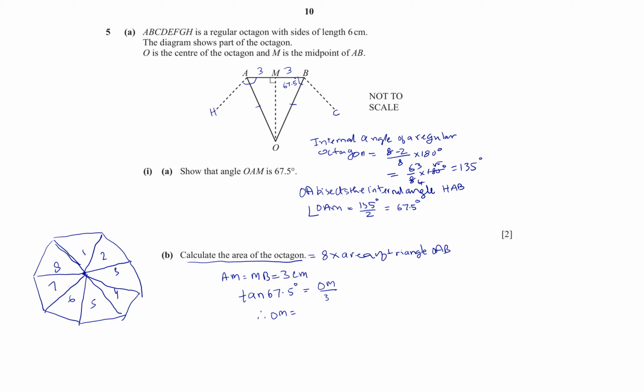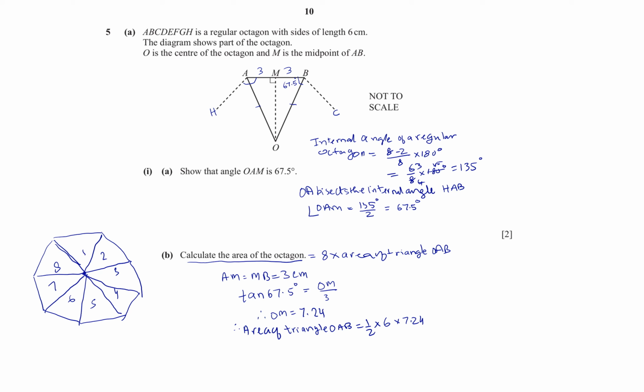So that's 7.24. OM is 7.24. So if OM is 7.24, therefore the area of triangle OAB would be half times base times height, half times 6 times 7.24.